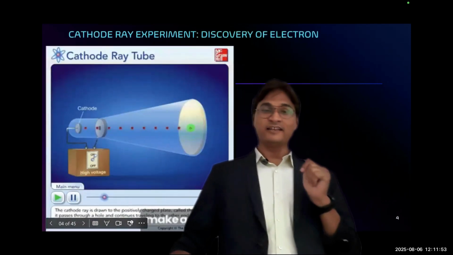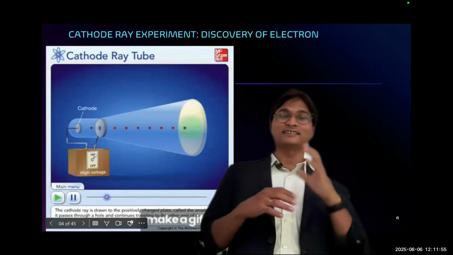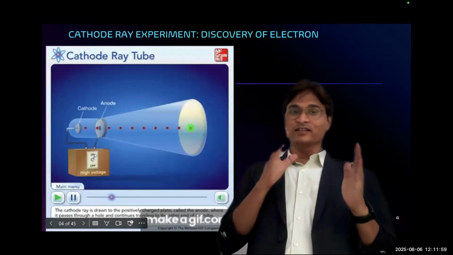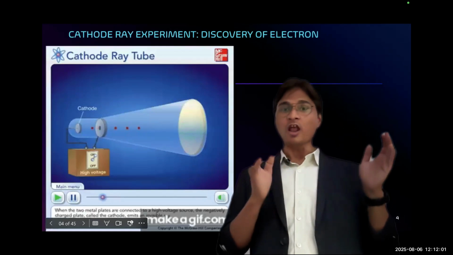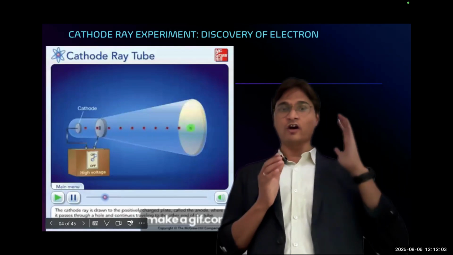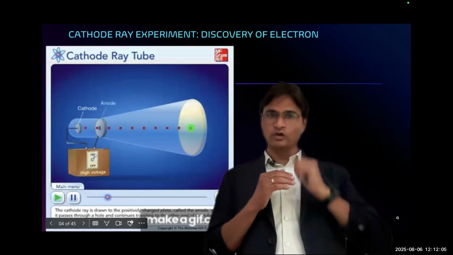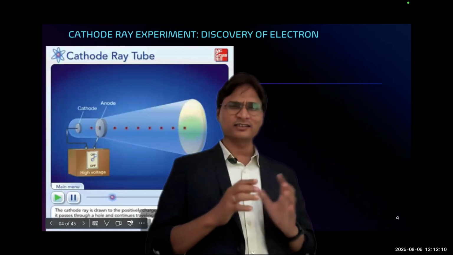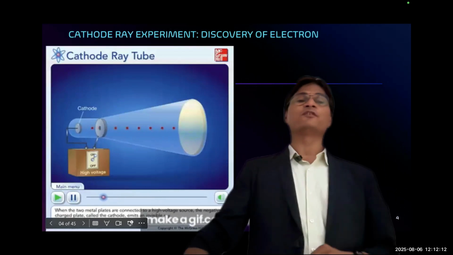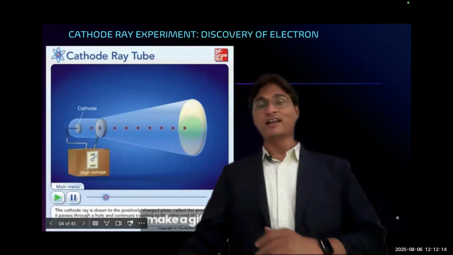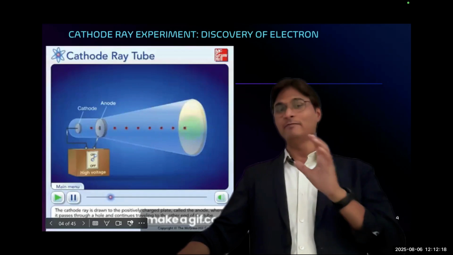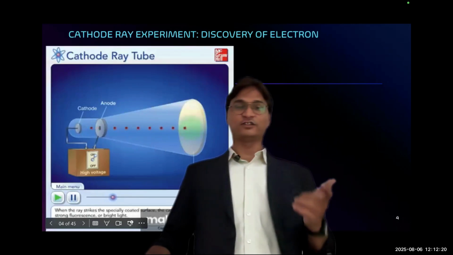Here you can see clearly what was happening. The green patch is because of something coming out of the cathode. The moment the high voltage battery is switched on, a beam goes from the cathode towards the anode and bombards the screen.